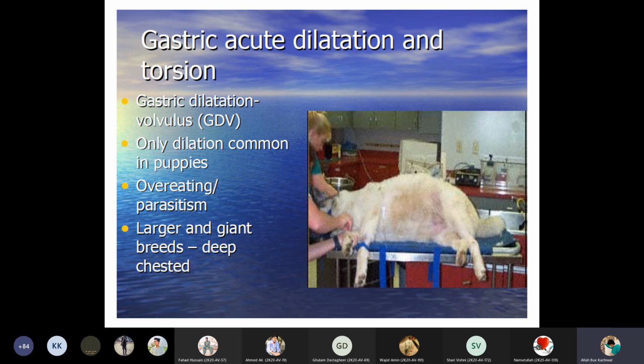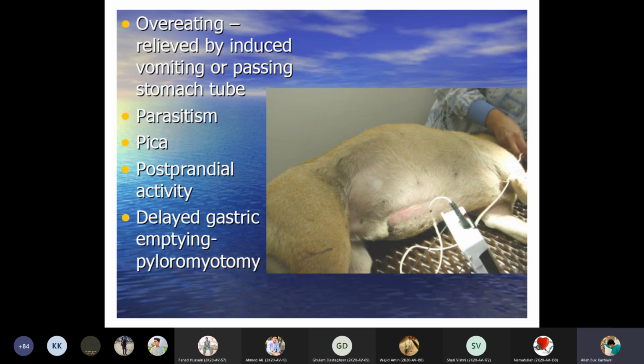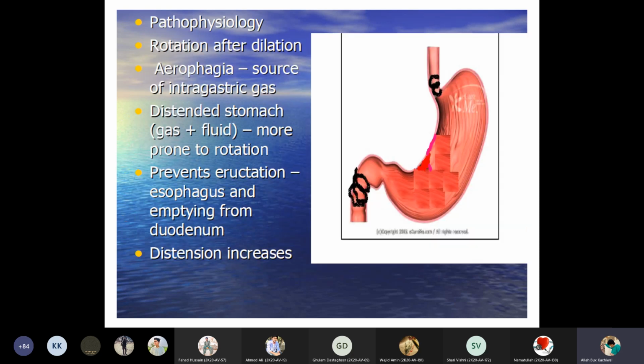Overeating is relieved by induced vomiting and passing a stomach tube. Parasitism, pica, postprandial activity, delayed gastric emptying, and pyloromyotomy may cause ulcers in the dog. So these are the causative reasons which may lead towards gastric ulcers, and that may be treated by gastrectomy.